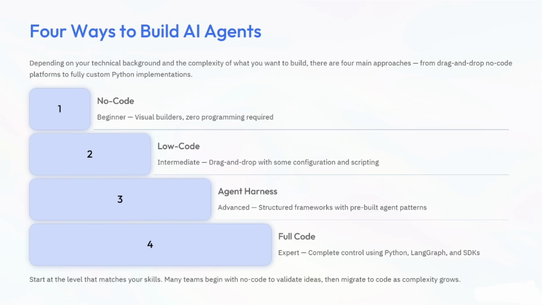Here is the most powerful way, because you build everything yourself using a programming language like Python. So you have complete control over logic, memory, tools, APIs, and agent behavior. Its popular technologies include Python, LangGraph, OpenAI. Okay, so this is all about this thing.